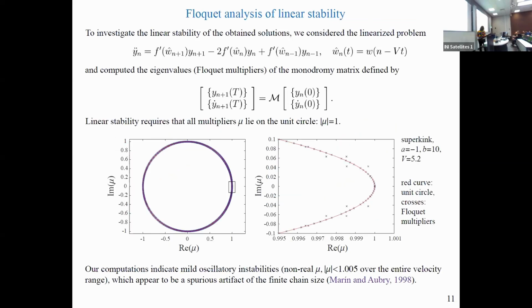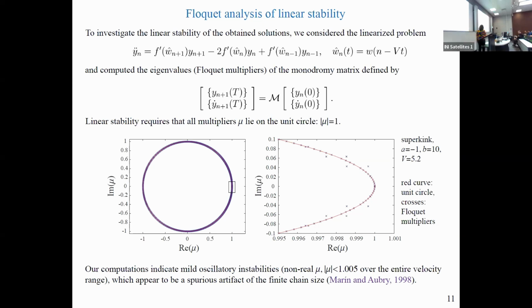The other thing we did is look at the linear stability of the solutions. To do that, we just linearized about the determined solution and computed numerically the Floquet multipliers of the corresponding monodromy matrix. And because it's a Hamiltonian problem, linear stability requires that all the Floquet multipliers must live on the unit circle.